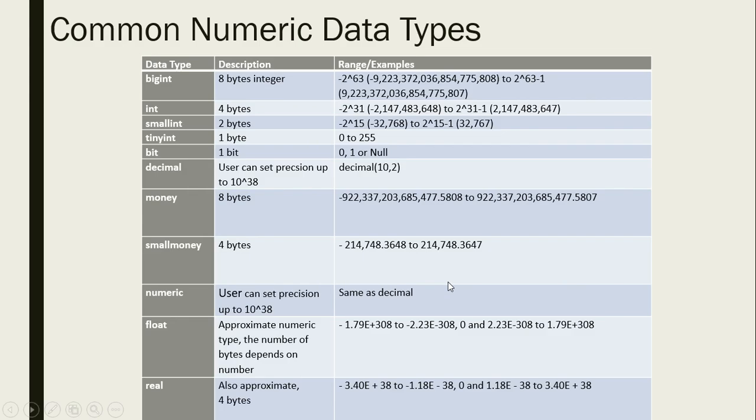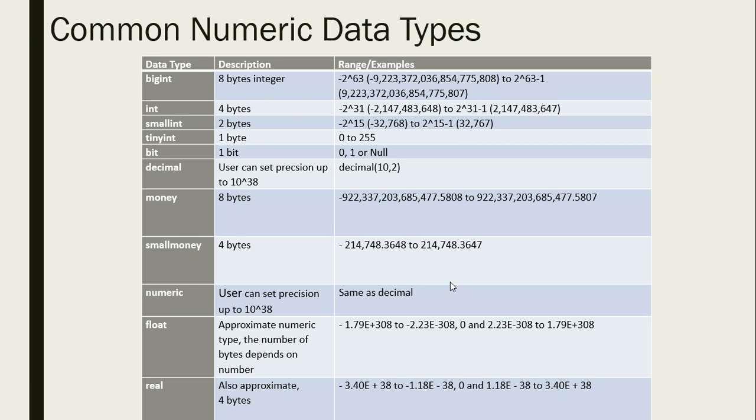So here are some common numeric data types. Big integer is an 8-byte integer. You can see there an example of how big it can be. You've got a standard integer, and they're pretty big too, right? 2 billion, that's a decent size. Small int, tiny int, a bit, which is 0 or 1, decimal, which can have a variable precision and can be up to 10 to the 38th.